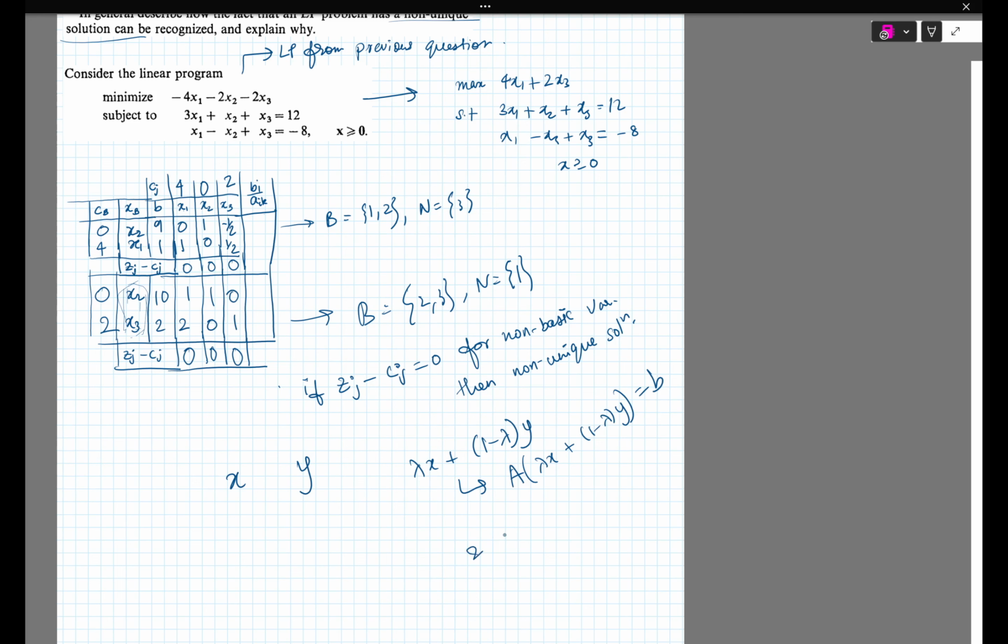And c transpose of lambda x plus 1 minus lambda y is equal to c. This is very easy to see.